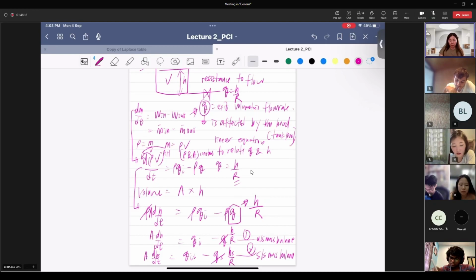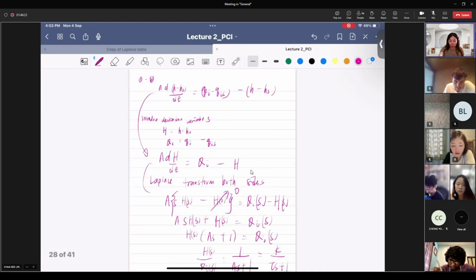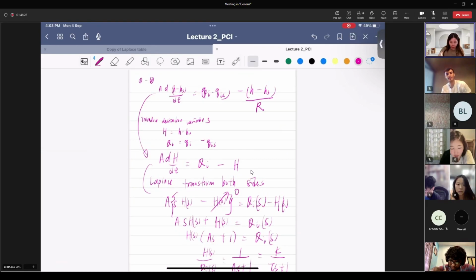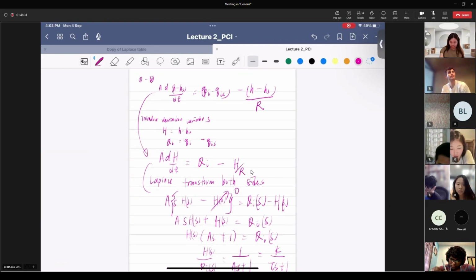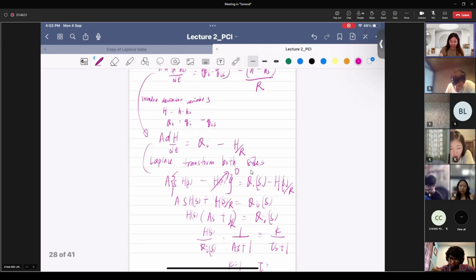Here, able to copy, because we need to substitute the exit flow rate using the formula H over the R. So therefore, here is additional over the R. Then the rest will be just over the R. AS, H over the R, over the R, over the R.